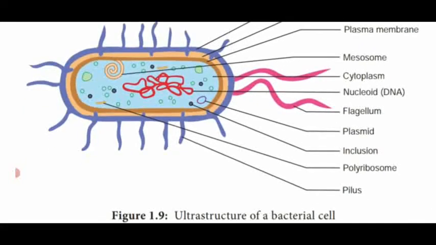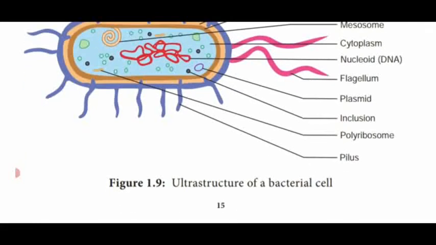Next, the single-stranded coiled nuclear material present at the center is called bacterial chromosome, which is red in color, otherwise named as nucleoid or incipient nucleus, which contains DNA. Next one, plasmid. Now only I told you.